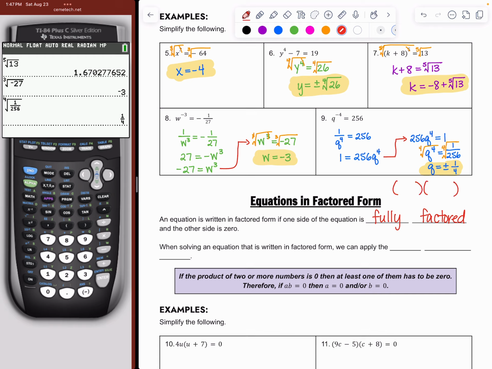So when solving an equation that is in factored form, we can apply the zero product property.